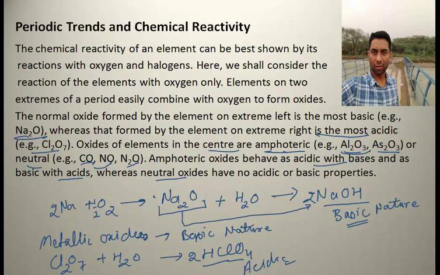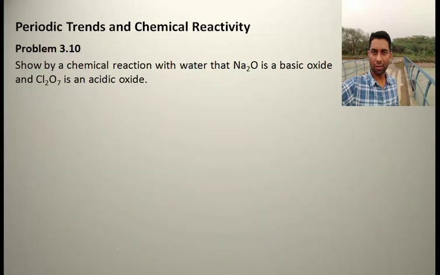So this was all about the compounds formed by various elements in the periodic table, general trends, right? Now towards the end, there is again one problem. Show by a chemical reaction with water that Na2O is basic, and this we have already discussed, right? Na2O will form sodium hydroxide, whereas Cl2O7 will form perchloric acid.